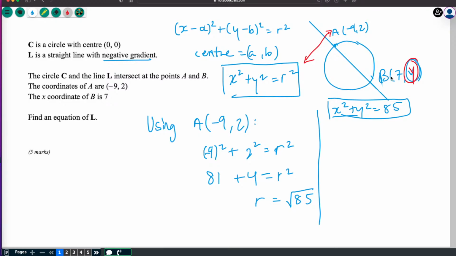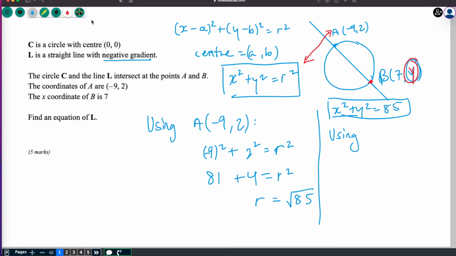How can I find the y coordinate of B? Well, if I have the equation of the circle and B is a point on the circle, then I can plug in the x coordinate to give you the y coordinate. Hopefully that makes sense. This is the equation of the circle. Remember, we found that by using A, getting the radius. Now I can plug in 7.